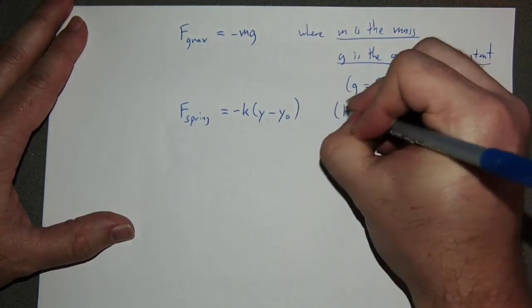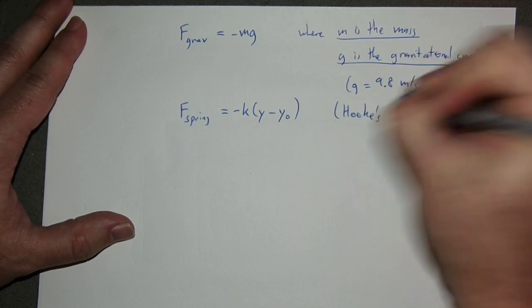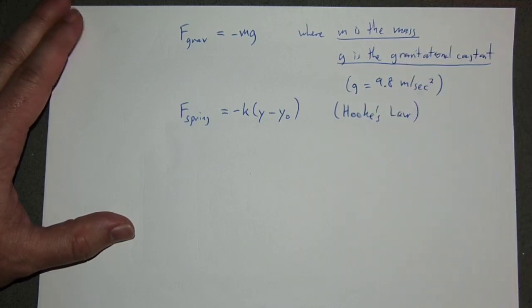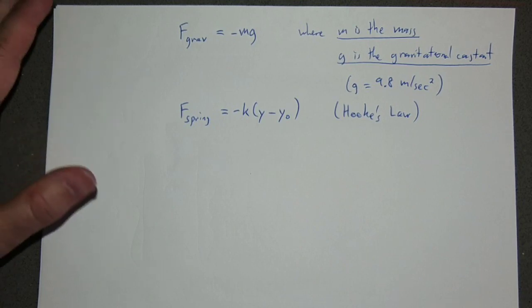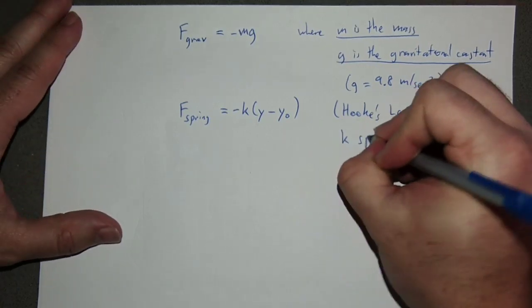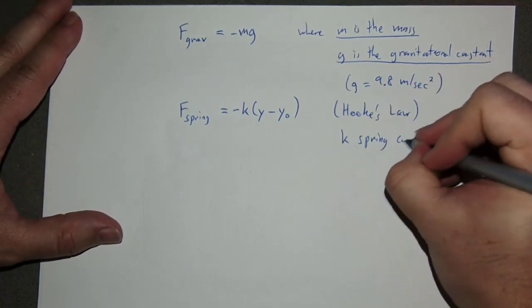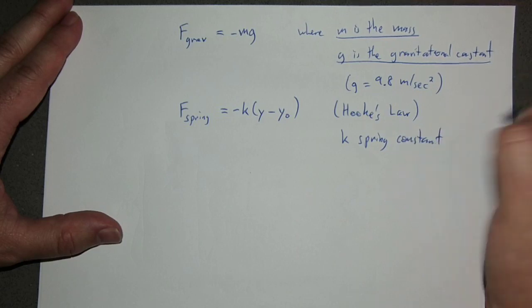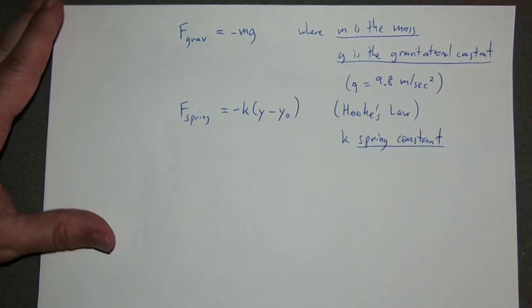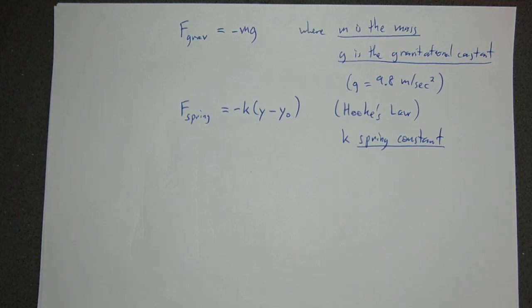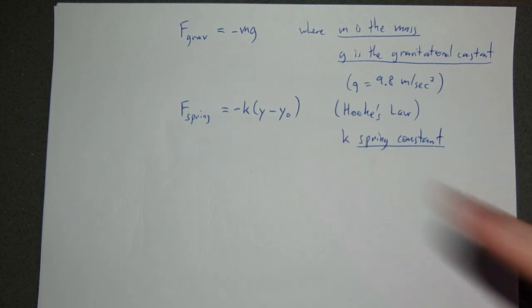This is from Hooke's law. Okay, so K is the spring constant. Same spring constant that shows up in Hooke's law. You will sometimes be given K, many times based on the context of the problem, you will have to figure out K from this fact.